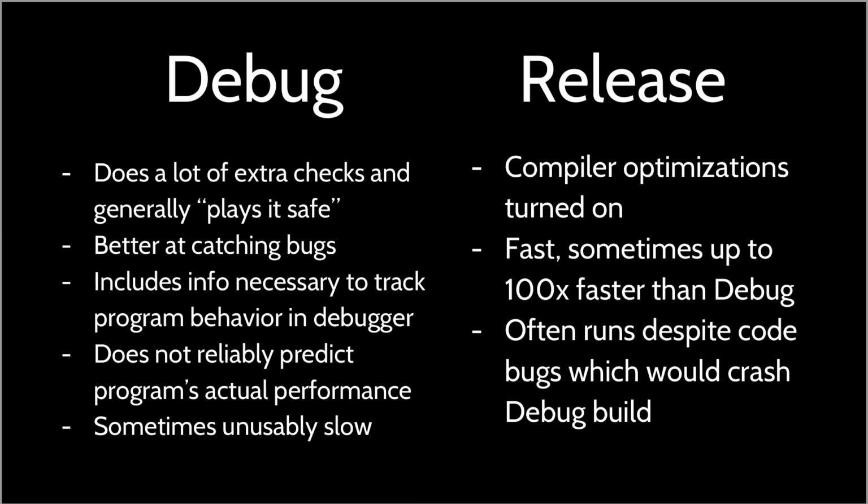But all in all, both of the builds should always run and compile. If either one of them crashes, then the fault is generally in your code. So you should look for the problem and try to catch it. And the fact that your program runs in one build mode but crashes in another is itself a symptom that can be used to track down the problem.